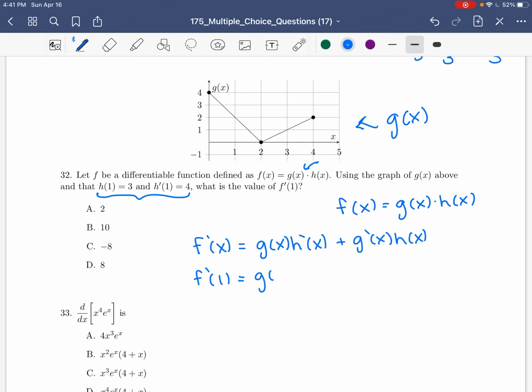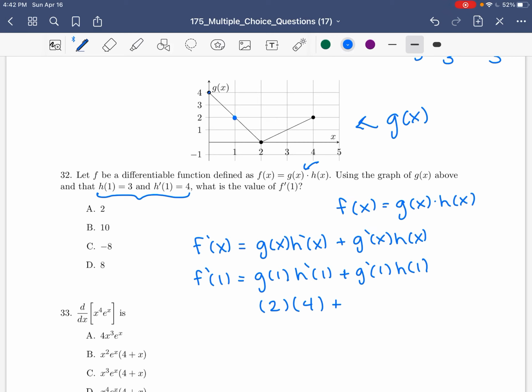So if I plug in a 1 here, I have g of 1 times h prime of 1, plus g prime of 1 times h of 1. So g of 1 just comes from the graph. It's the y value at 1. So that's going to be 2. H prime of 1 they told us was 4.